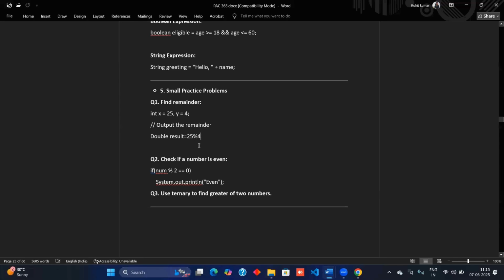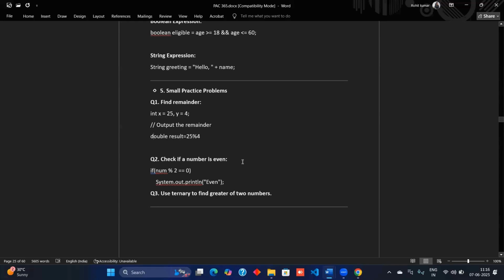On division the value comes as 24, and when 24 is subtracted from 25, we get a remainder of 1. So the result value will be 1, and that will be assigned to the double result.